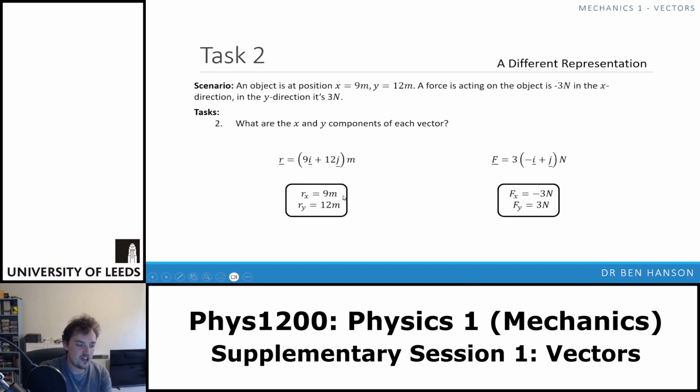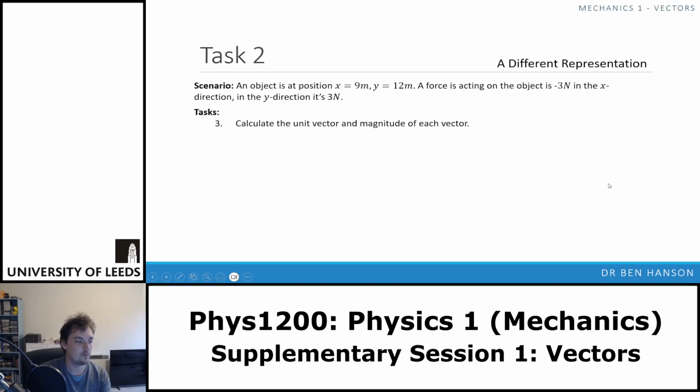Single numbers. 9 meters in the x direction. 12 meters in the y direction. That wouldn't make sense without units. Same with forces. It's minus 3 newtons in the x plus 3 in the y. So directions don't have units. It's the scalar components that have the units. That's important because units behave like algebra. So now I'm going to calculate the unit vectors and magnitudes of each vector.